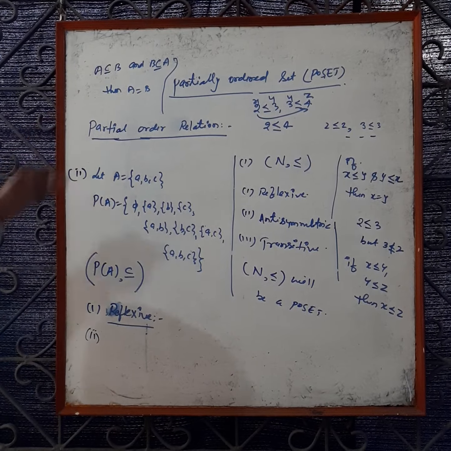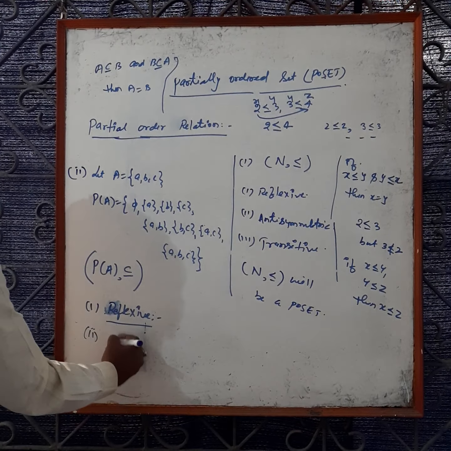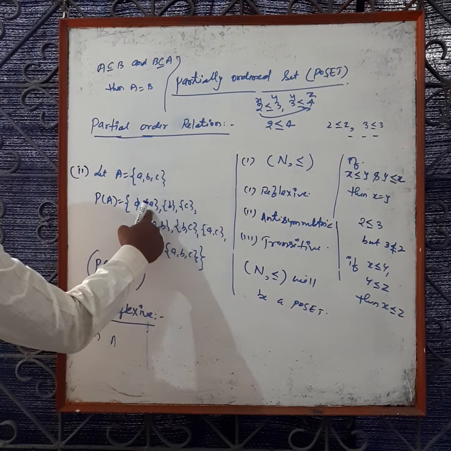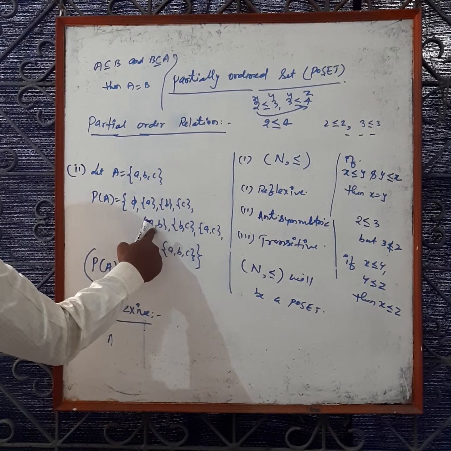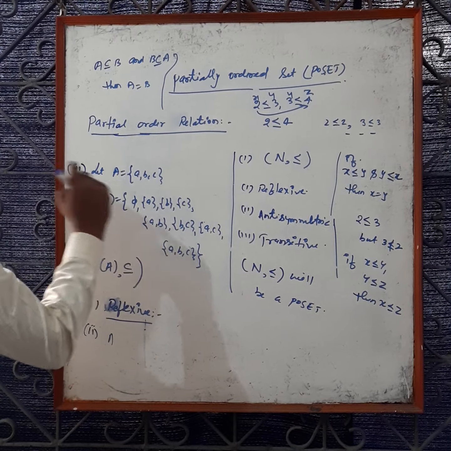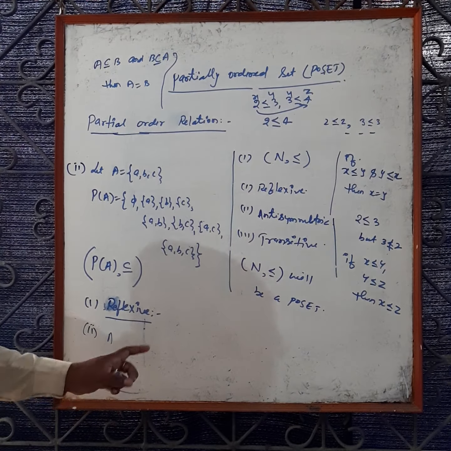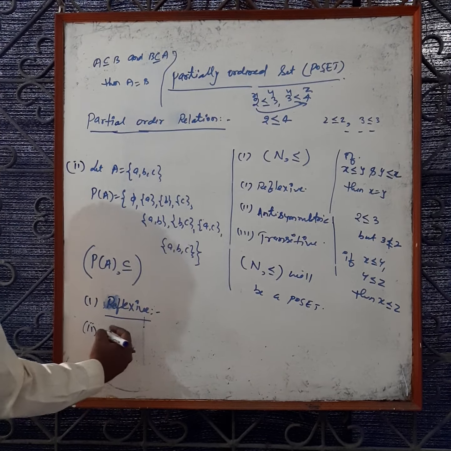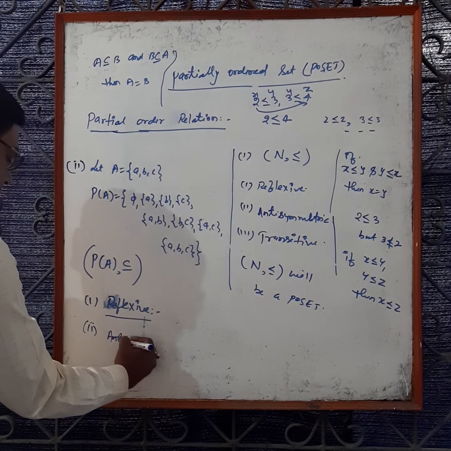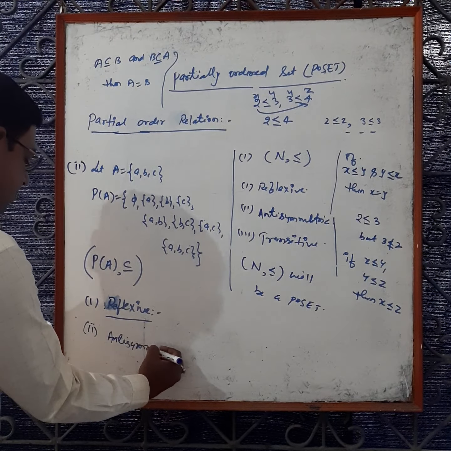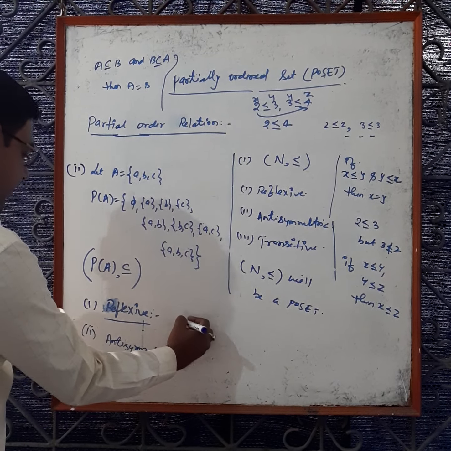Therefore, it follows the antisymmetric condition. {a} is a subset of {a,b}, but {a,b} is not a subset of {a}. Either x is related to y or y is related to x. If only one pair holds, then it also follows antisymmetric relation. Therefore, it is antisymmetric.